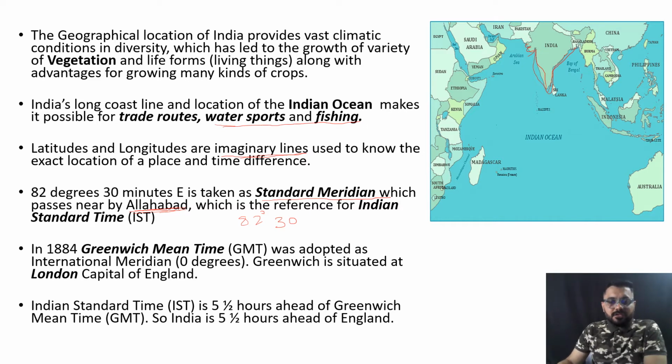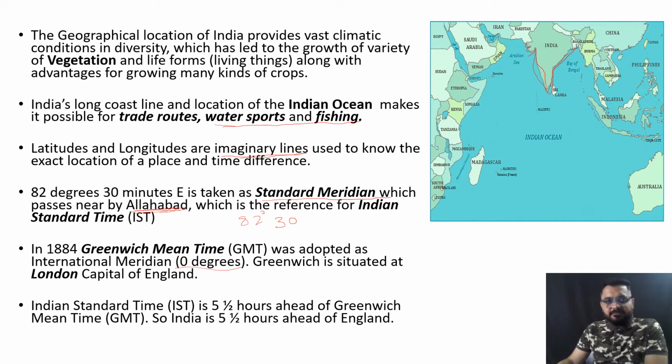Moving further, children, here is a little bit of information about Greenwich Mean Time. Remember that it is not pronounced as it is spelled; that's the way you pronounce Greenwich. In the year 1884, Greenwich Mean Time was adopted as the International Meridian, that is the 0 degree meridian.